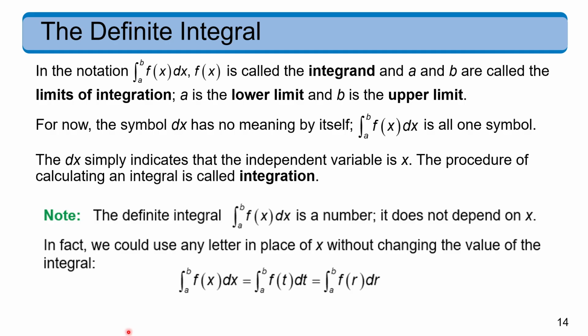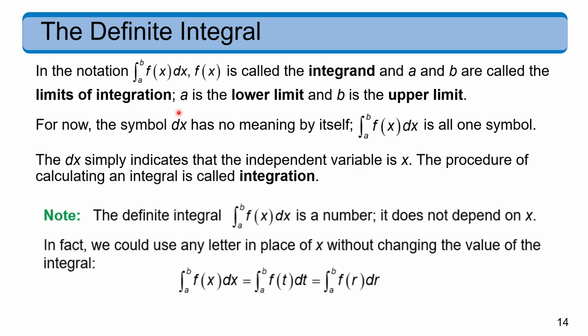Now I want to introduce some terminology associated with the definite integral. So this is the notation we learned for the definite integral of a function f over an interval ab. The function inside here is called the integrand, and these numbers a and b are called the limits of integration, and they come from that x interval that we started with.